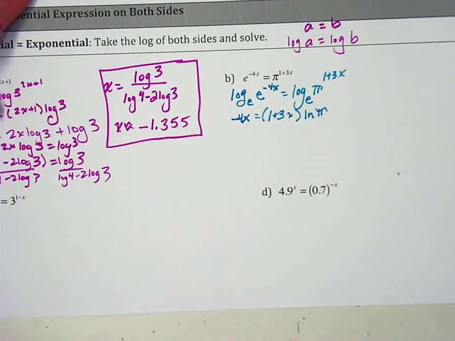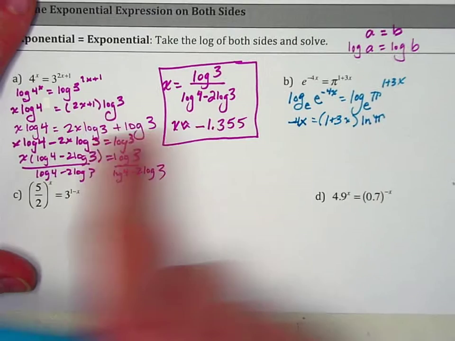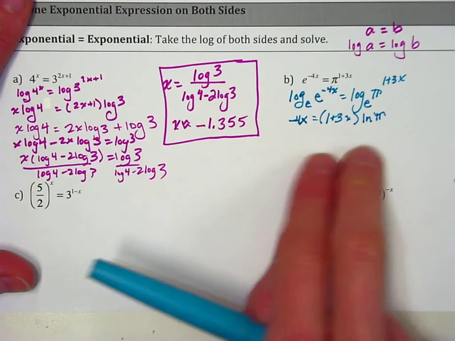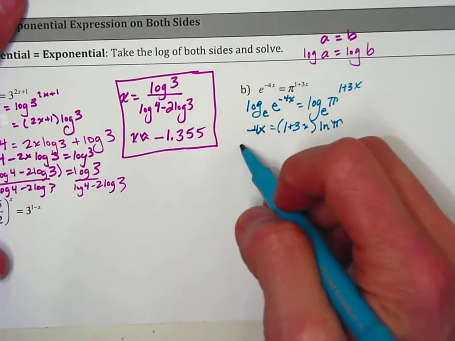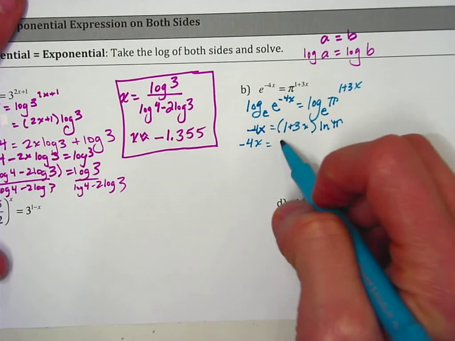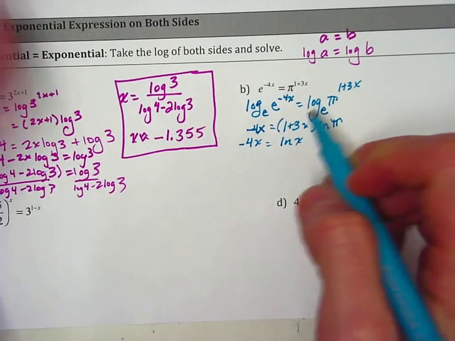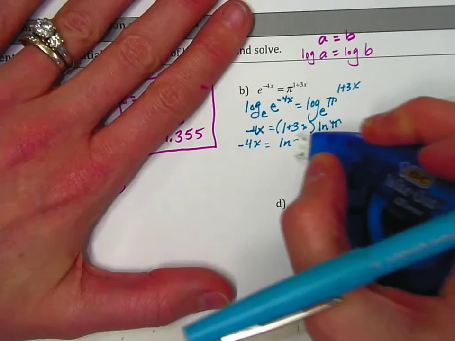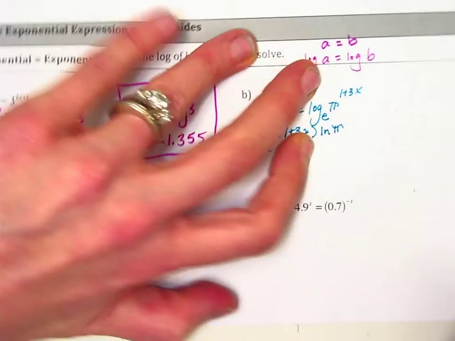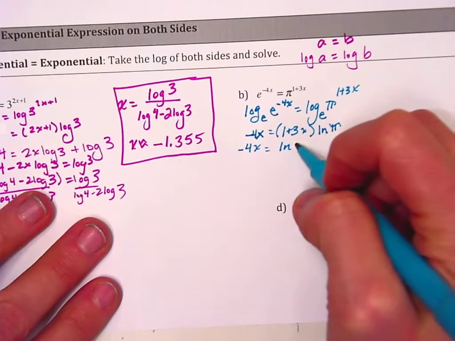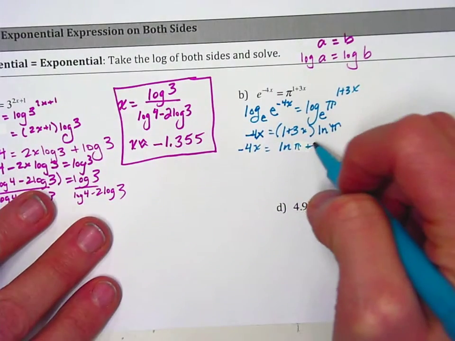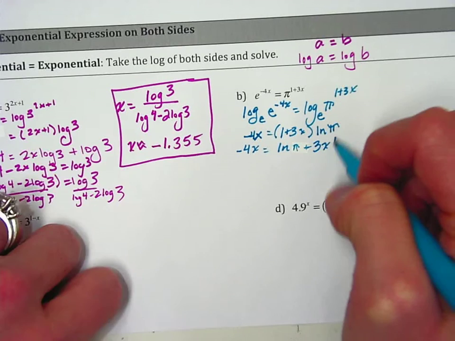And similar to the other problem, what we wanted to do was distribute. So I have negative 4x equals the natural log of pi times 1, which is just itself, and then plus 3x times the natural log of pi.